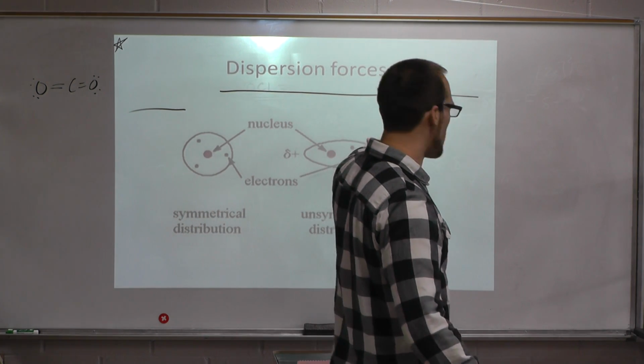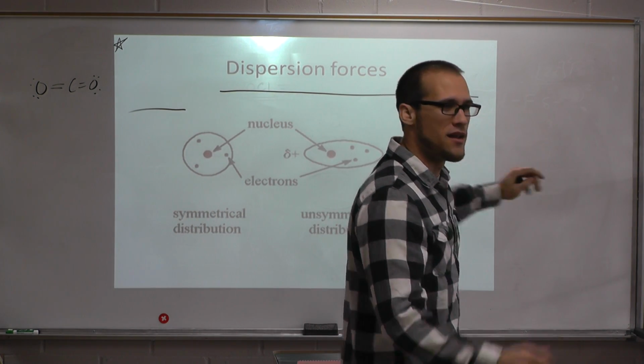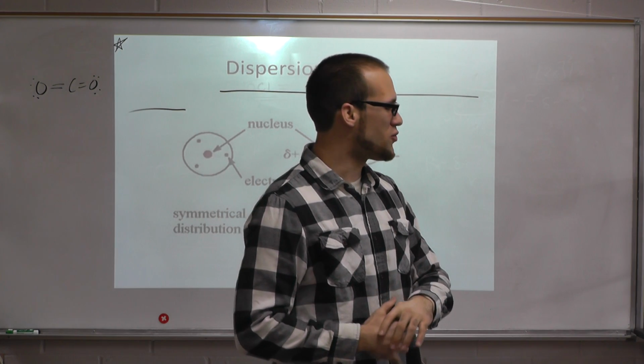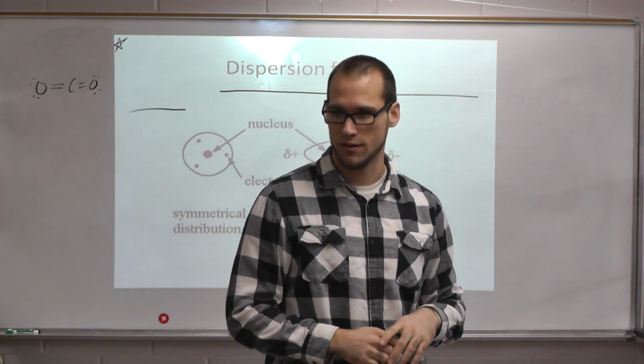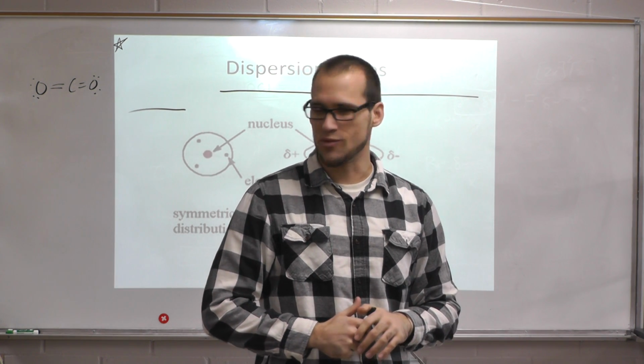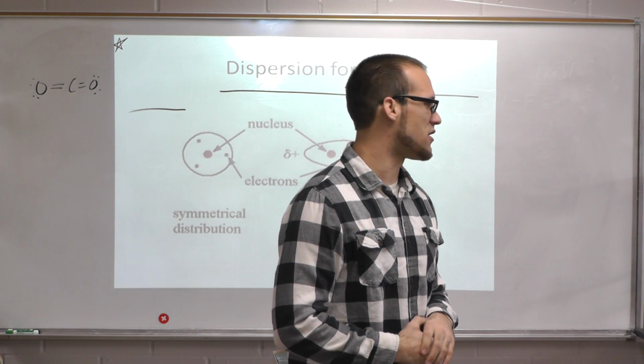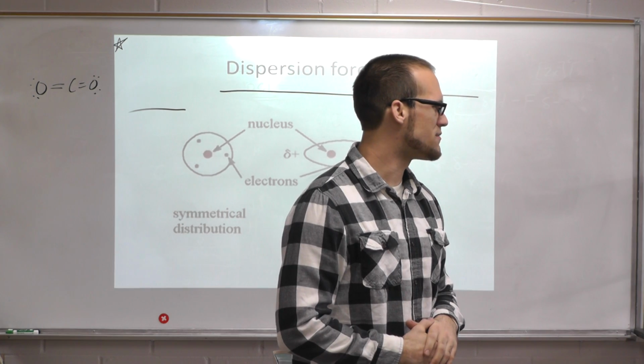Now this is an outrageous example, but they can shift to one side, which really ends up creating a temporary dipole. But then what ends up happening is the dominoes all start to fall. What do I mean by that?